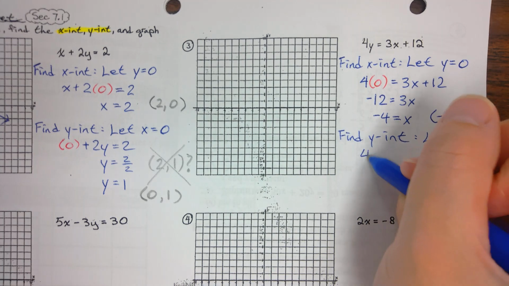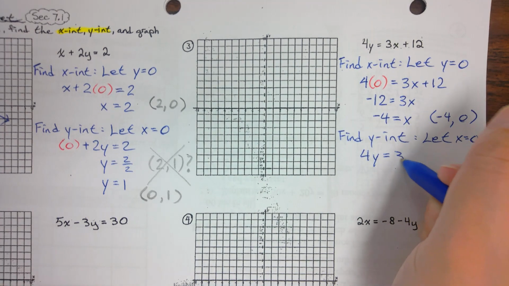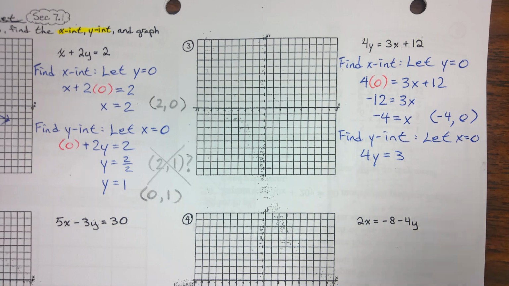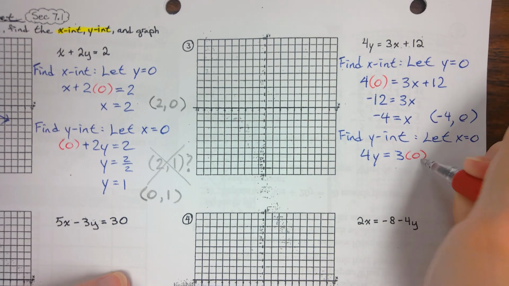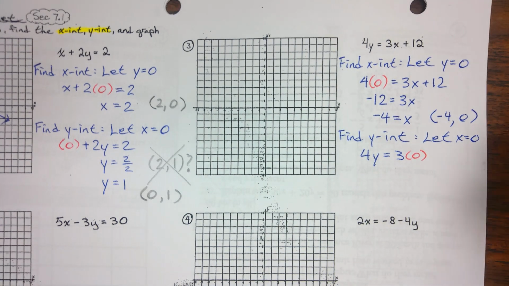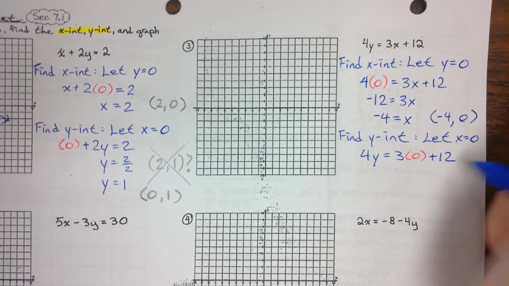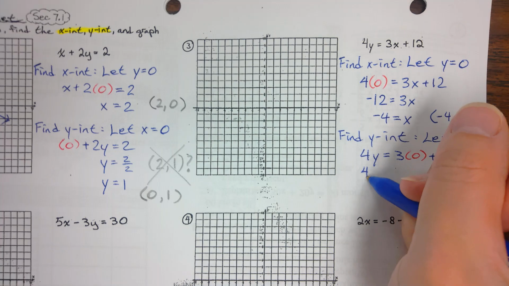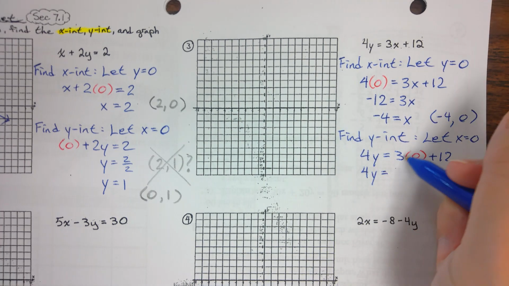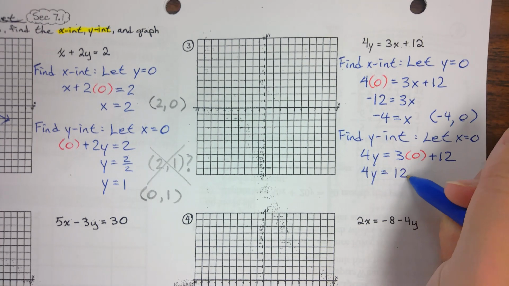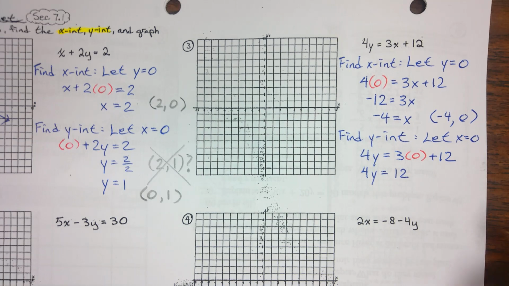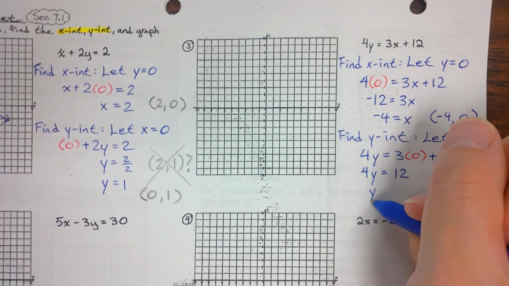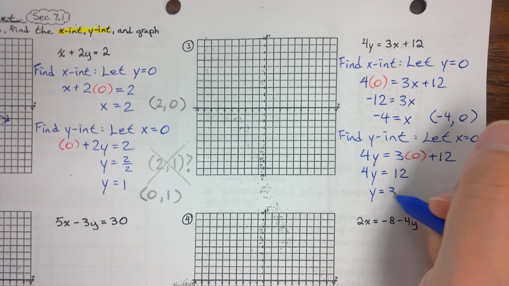So 4y equals 3 times 0 plus 12. So anything times 0 is gone. So that's a good thing with using x and y intercept, because it does simplify your equation very easily. Right? And so y equals 12 divided by 4, you get 3.